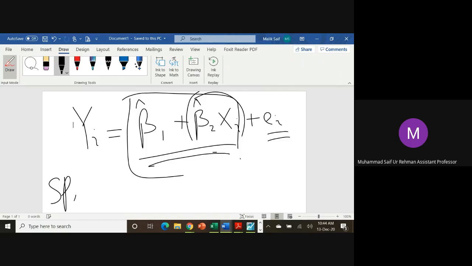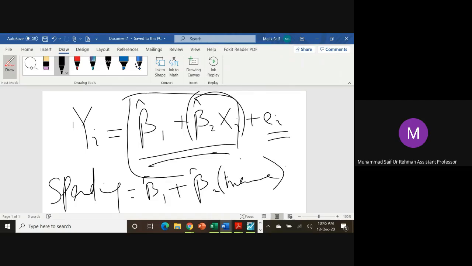Let me write spending or expenditure, and this is the income: beta 1 hat plus beta 2 hat times income, plus e_i.